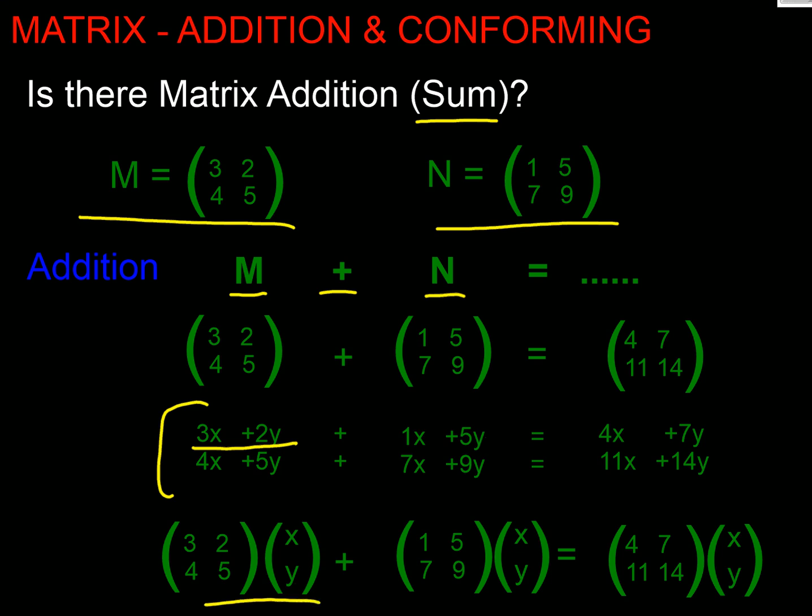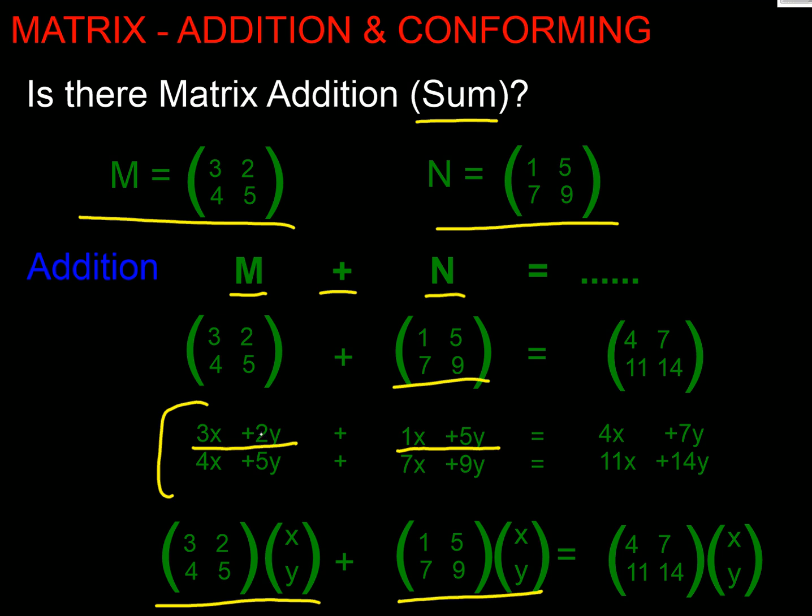If I was doing the operation of that matrix times the vector xy, and on the right hand side here I've got my vector, so my matrix 1 5 7 9, and I've got x and y there.